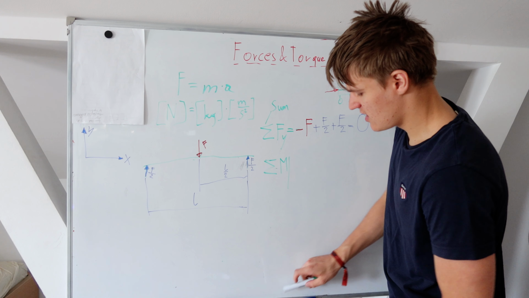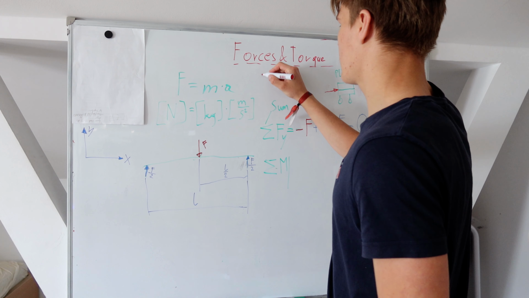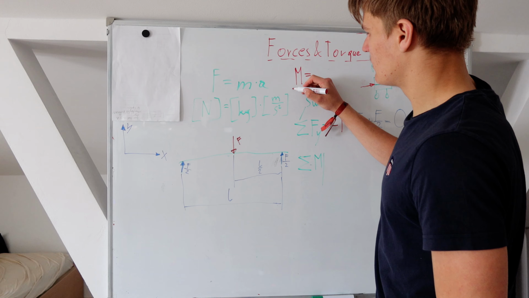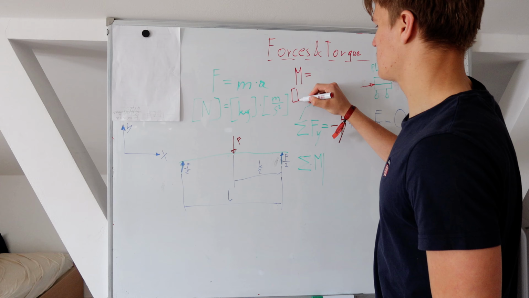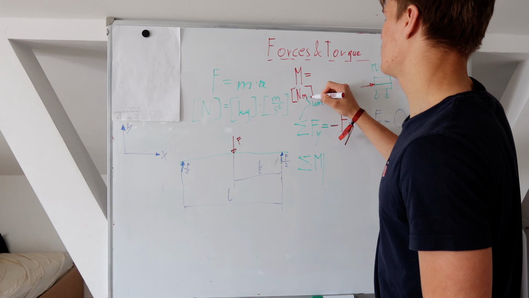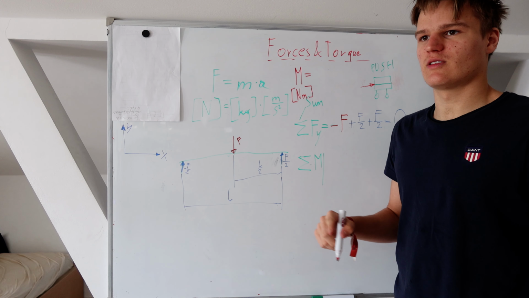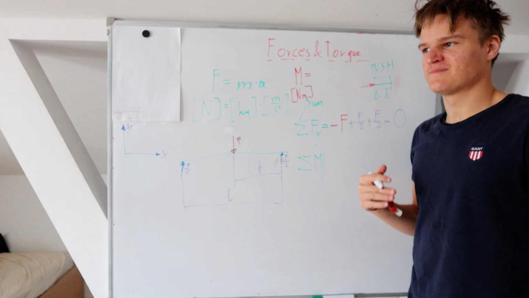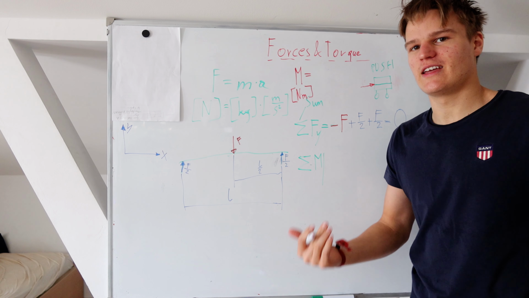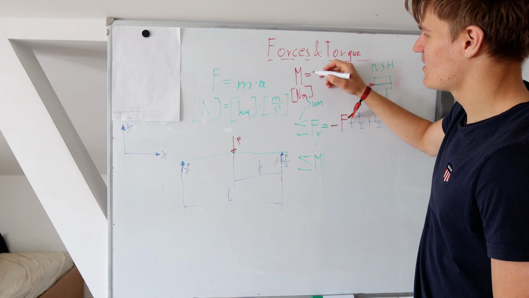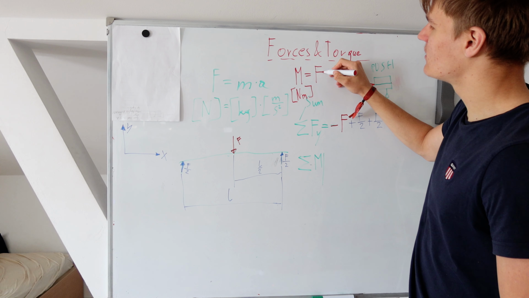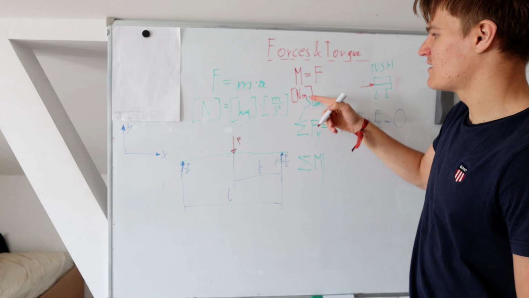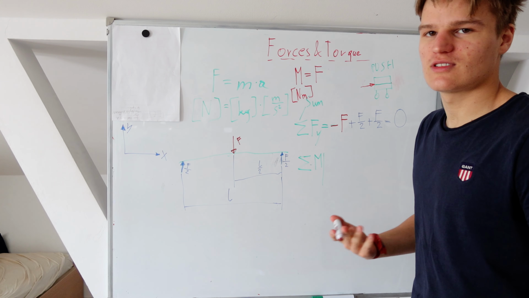So what is a torque? M stands for torque, and it is equal to what? Let's maybe write down the units. So Newton meter. What does this mean, Newton meter? Well, Newton meter is the same as Newton times meter, and that actually already hints towards what this is. So M has to be F, because the unit of F is Newton, and then times m, which has the unit meter.